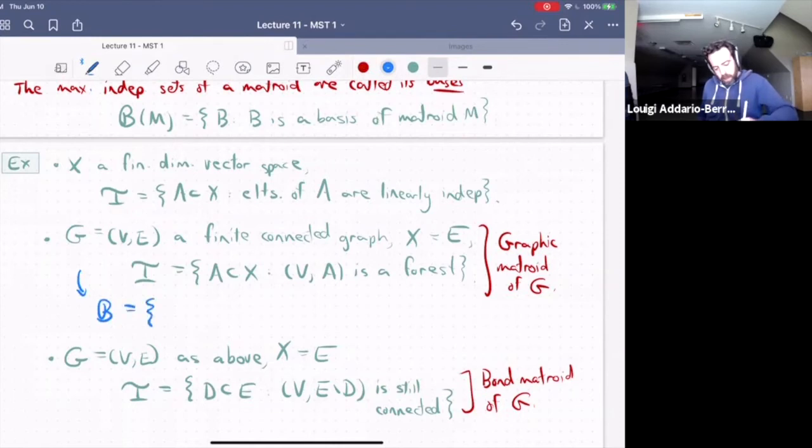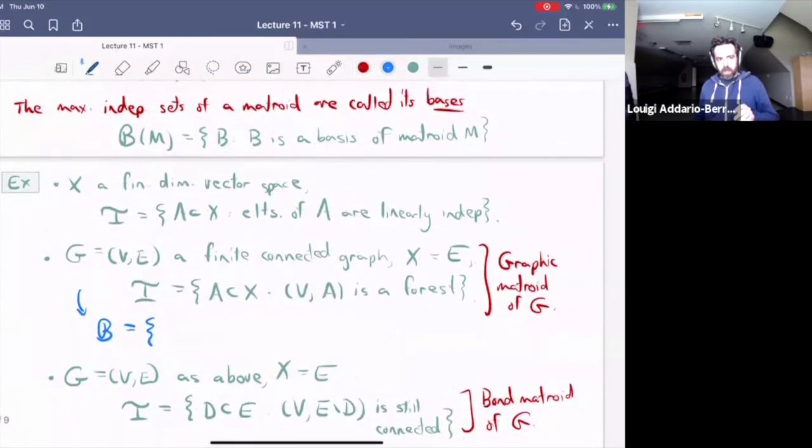Okay. What are the basis elements? What are the bases of the graphic matroid? These are the spanning forests to which it's impossible to add any more edges while still being a spanning forest.